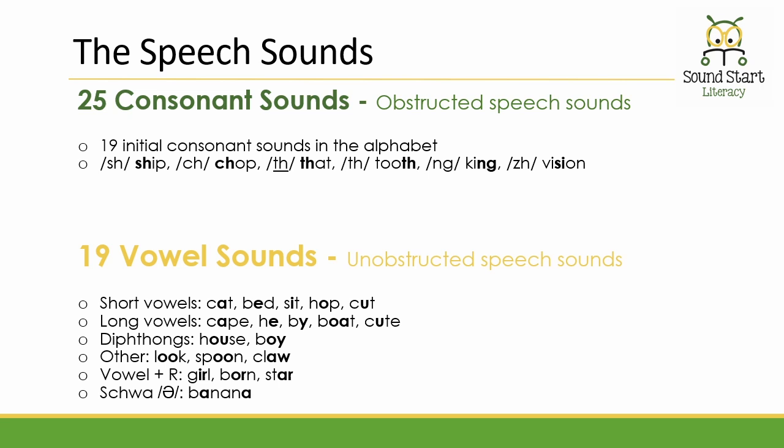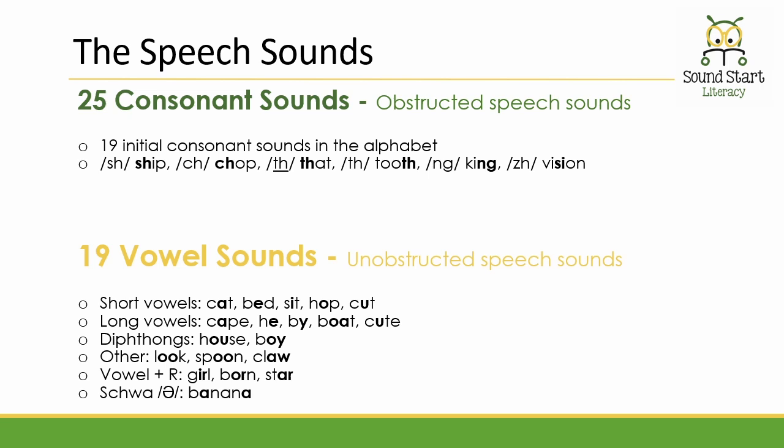Boy, the oi sound, your mouth moves when you say it. Then we have some other sounds that are not really long sounds or short sounds. We have the oo and the ah. We have the R-controlled sounds, or the vowel plus R, where we have a vowel followed by an R, kind of distorts the sound. So we have the ar and the or and the er.